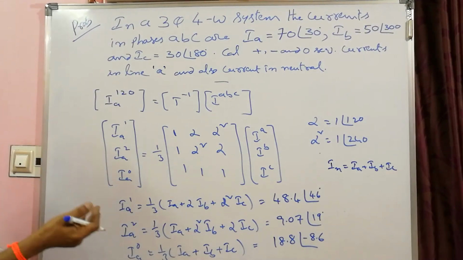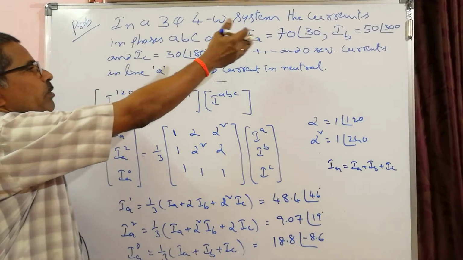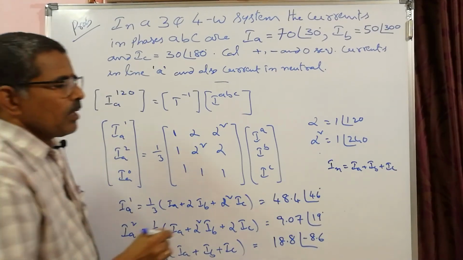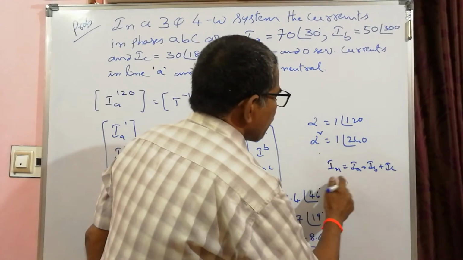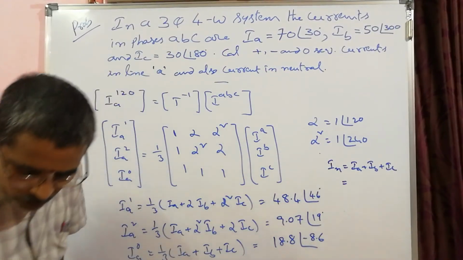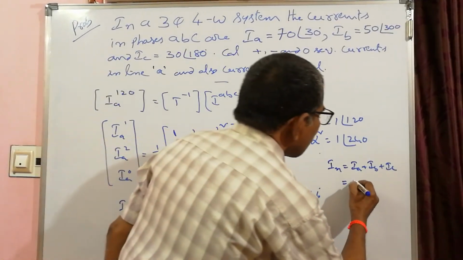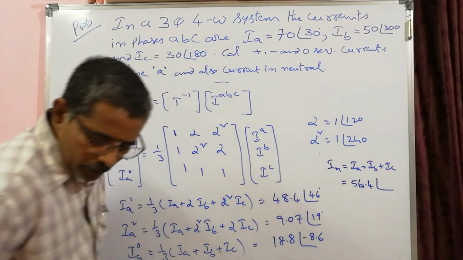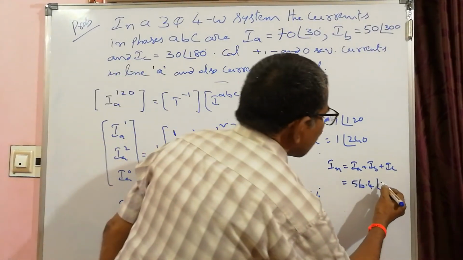Because it is a 4-wire system, neutral current is IA plus IB plus IC. You calculate it in the normal way, and the figure is 56.4 angle minus 8.48.